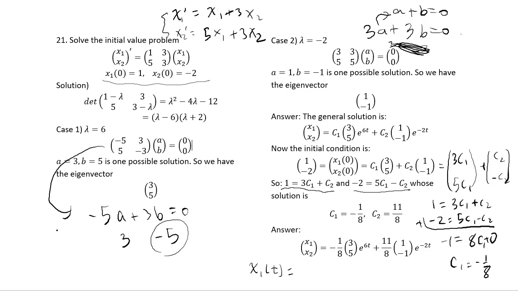For example, you can write down x1(t) as -3/8 e to the 6t plus 11/8 e to the -2t. So that could be a good way to write down the solution.